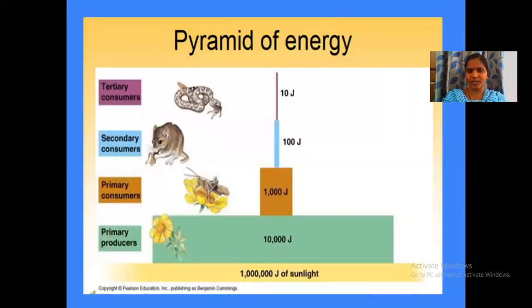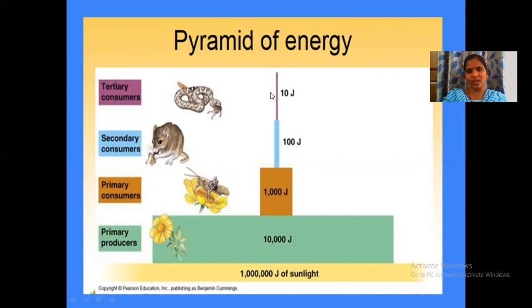Here I just represented it in the form of a graph, in the form of a pyramid, where solar energy is much more, which we know is the source for all these types of energies. And if I just consider a figure, it's not actually the correct figure, the primary producers, if they got 10,000 joules of energy, to the herbivores it's only 1,000 that is transferred, 10% of it, and then it transfers 10% of it to the secondary consumer, and then to the tertiary consumer.